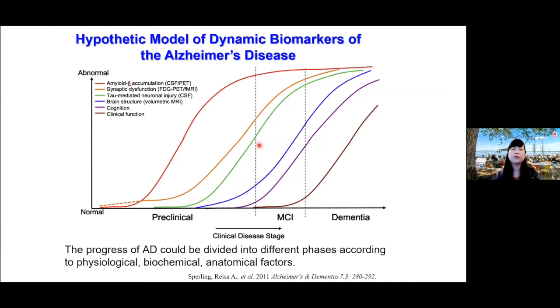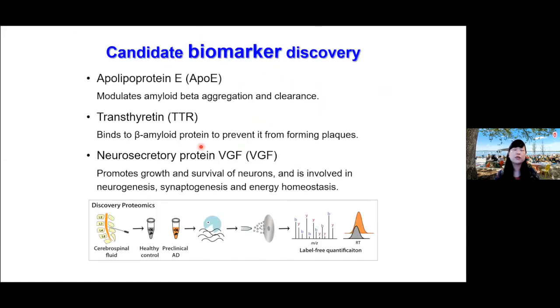These stages can span multiple decades, so developing early biomarkers will help tremendously in terms of diagnosis and early intervention. Using a non-targeted proteomics approach, we have looked at a large number of proteins from cerebrospinal fluid, and shown here are some of the candidate biomarkers that we would like to further validate.